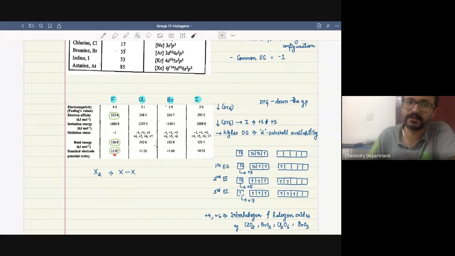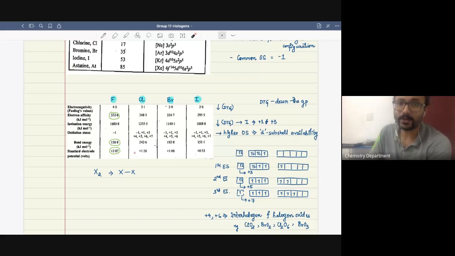Now, coming to the standard reduction potential. Reduction potential means when the electron is accepted to form an ion. The corresponding oxidation potentials will have a higher negative value. These values here are standard electrode potentials, so these are basically reduction potentials. The reduction potential value is very, very high for fluorine. That means the oxidizing power is very, very high for fluorine in comparison to the other elements.